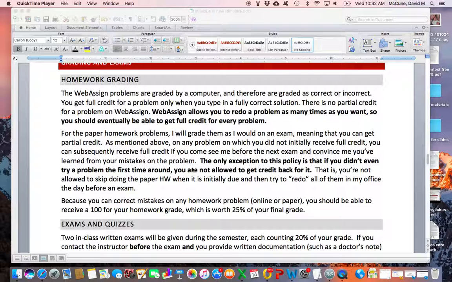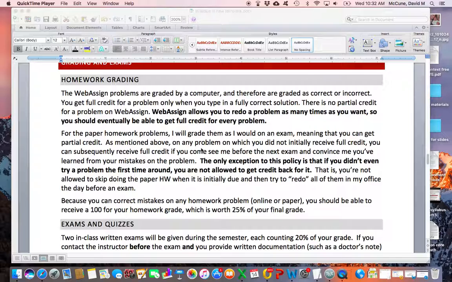On the paper homework, you can do the same kind of thing. You can get full credit after making mistakes. So what happens is any problem on which you don't receive full credit on a paper homework assignment, you can get full credit for it as long as you come to my office before the next exam. Convince me that you know how to do that problem now, or problems like it, right?